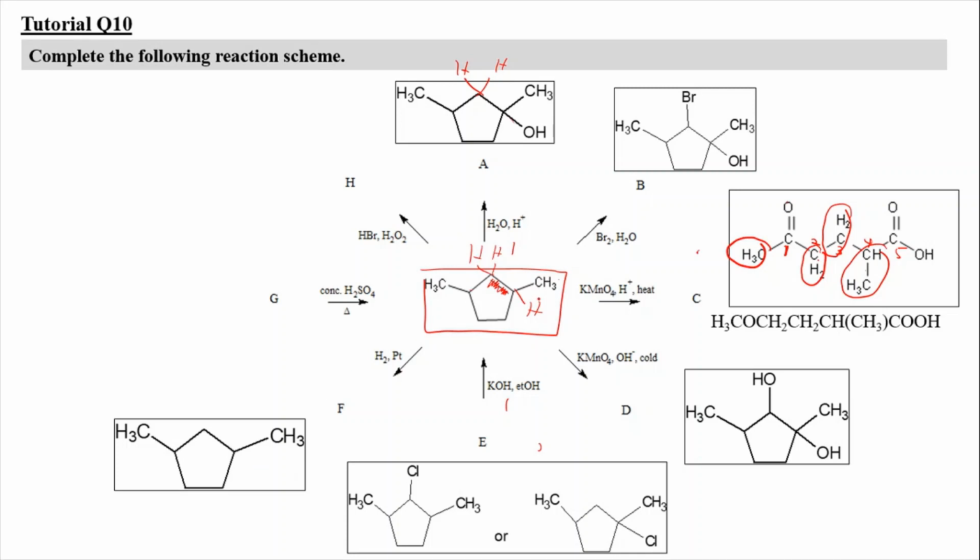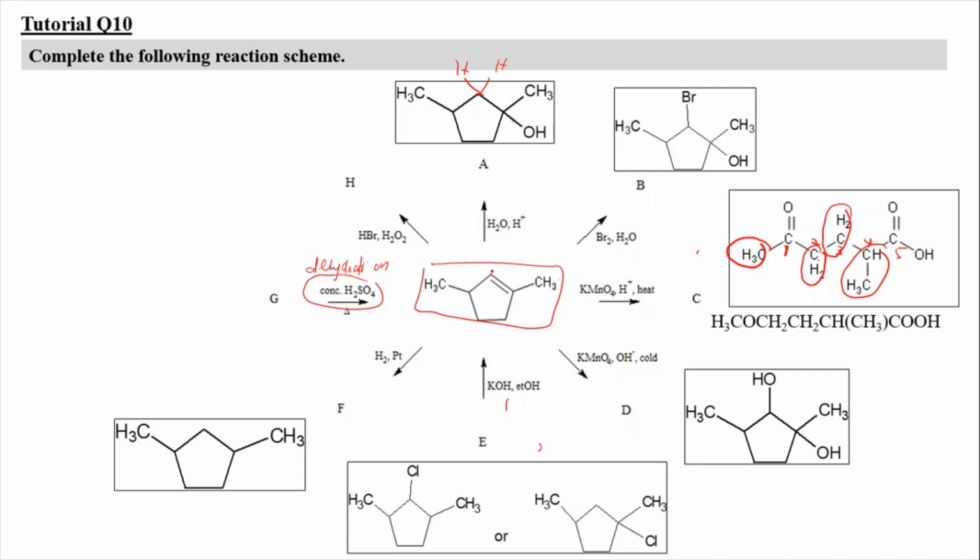Okay, so now let us look into G. For G, it is a dehydration process. In order to produce this product, your reactant needs to have an OH group and a hydrogen to be removed.